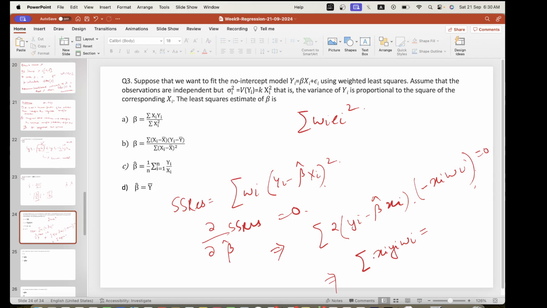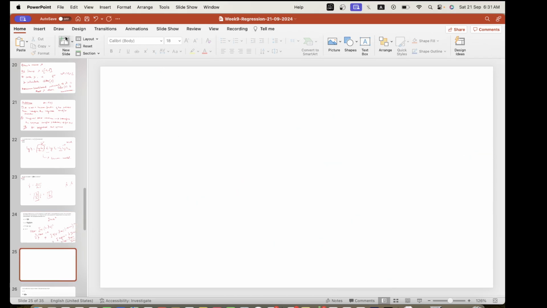So we don't need the minus sign. Summation x_i y_i w_i equals beta hat summation x_i square w_i. So then we have beta hat GLS as summation x_i y_i w_i by summation x_i square w_i. Now here we know that w_i is proportional to 1 by sigma_i square, right?